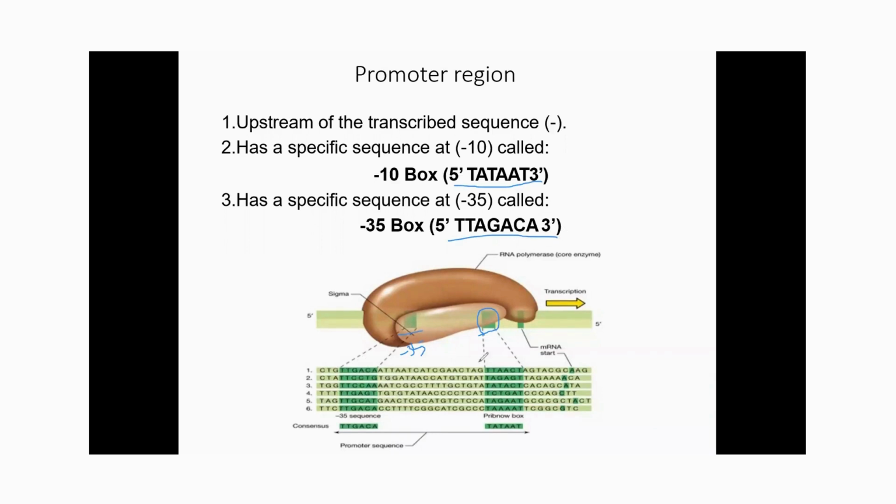These -10 and -35 sequences play an important role in the binding of the RNA polymerase enzyme, and the sigma factor recognizes them. The enzyme is correctly bound to the region because it identifies the sequences at the -10 and -35 regions. So the sigma factor plays a very important role in the binding of the RNA polymerase enzyme.